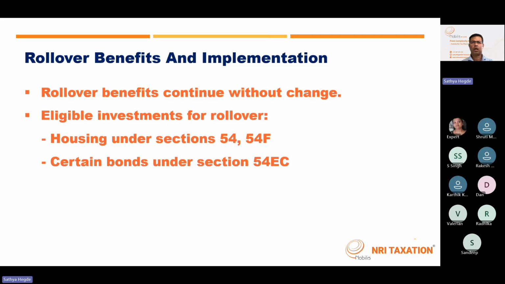So there are no issues there. There are some relaxations on that part as well. But mind you, when you buy another house after selling your current property, there is no capital gains tax in India, but that doesn't mean there is no capital gains tax in Australia. Australia will continue to have those capital gains taxes.